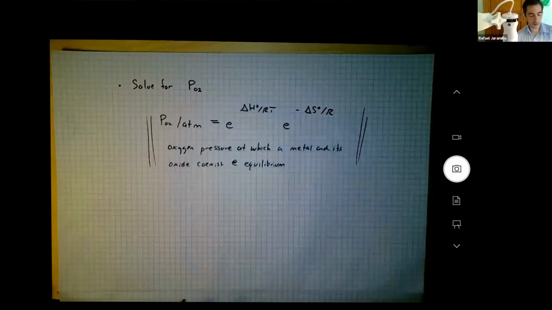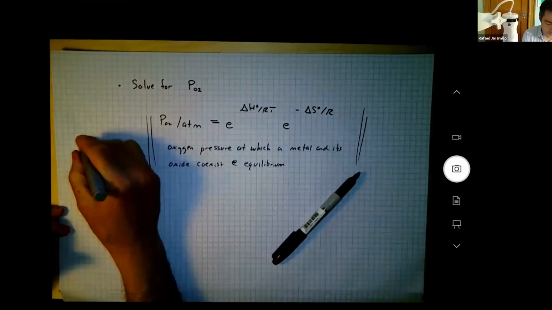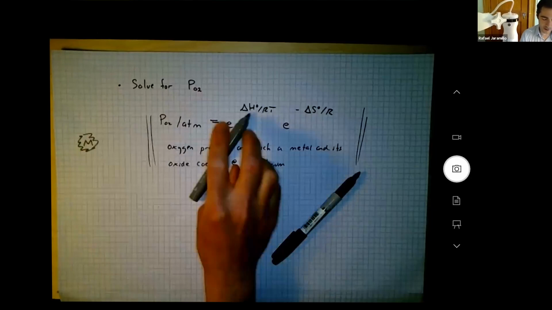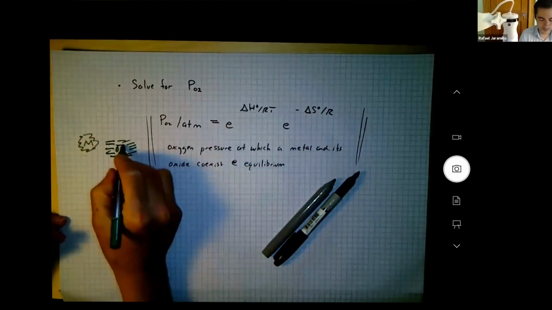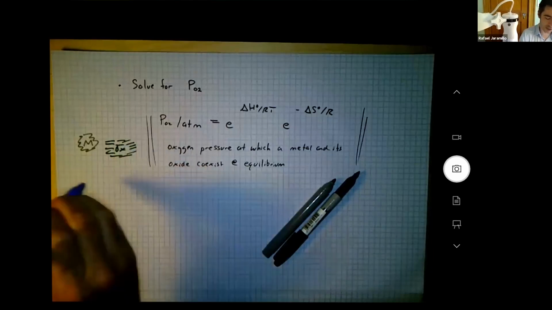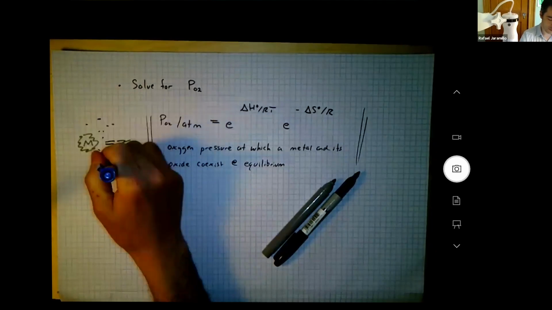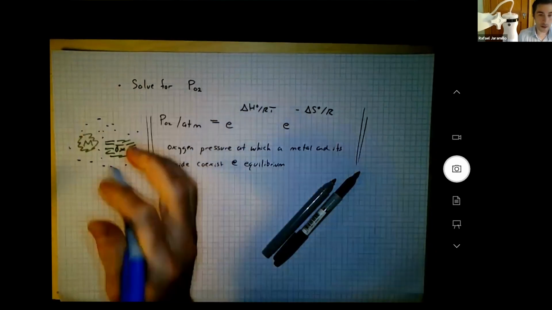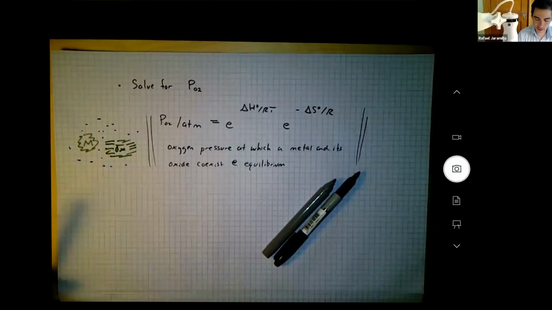So you've got a metal, you've got its oxide, and this is the oxygen partial pressure. There's some oxygen here. This is the oxygen partial pressure at which this kind of situation is at equilibrium.